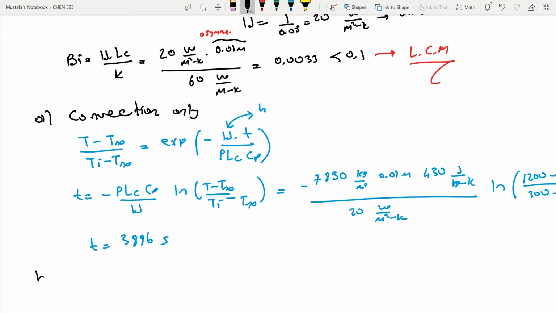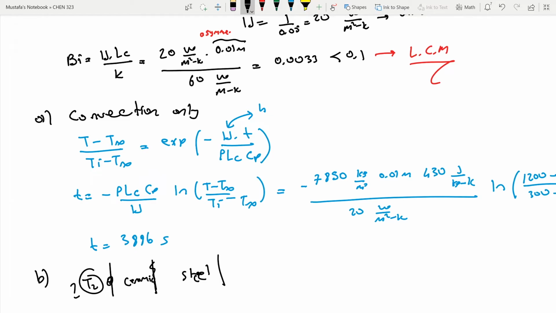In part B, we are interested in, let's say this is steel, this is ceramic, and we have the contact resistance here. What is the temperature here? Let's say this is T2. What is the temperature here at this particular time?